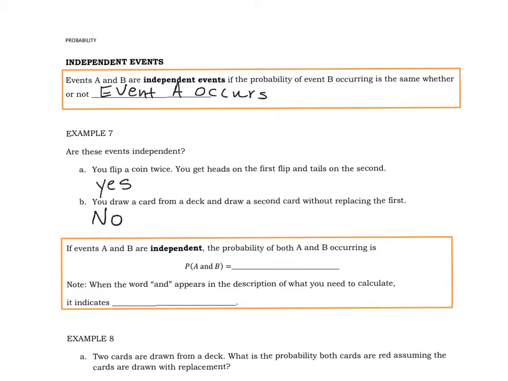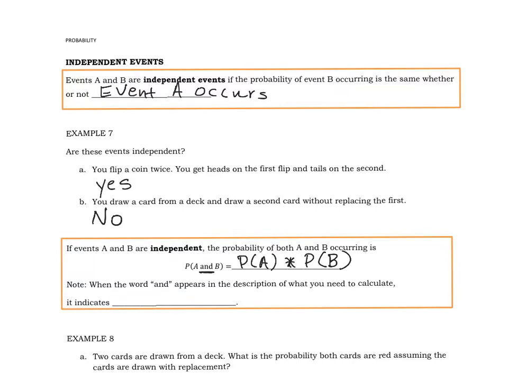If events A and B are independent, the probability of both A and B occurring, well, first of all, look at this, A and B, is the probability of A times the probability of B. The problem sometimes with these is that the and is implied.